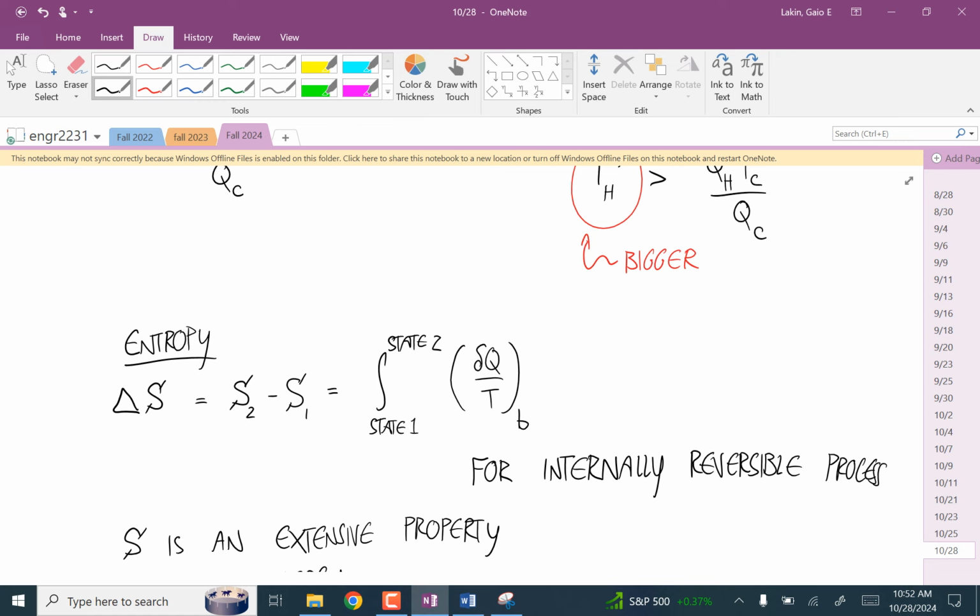T times ds. Okay, we'll do that next time. It's a pair of equations that we can use for any material under any conditions to calculate entropy changes. We don't always have all the information we need, but anytime you can use those equations, it'll work in any case. Okay, that's all.